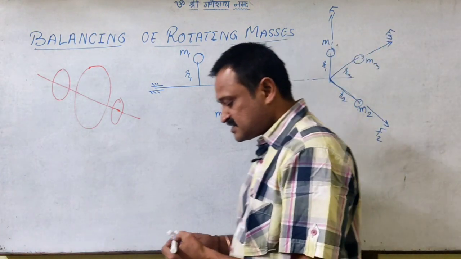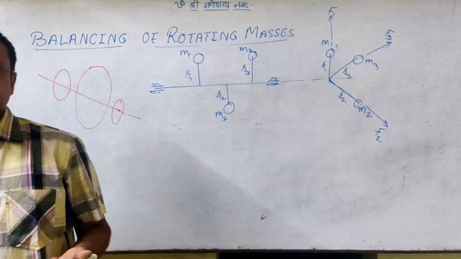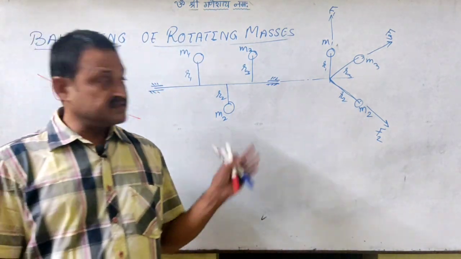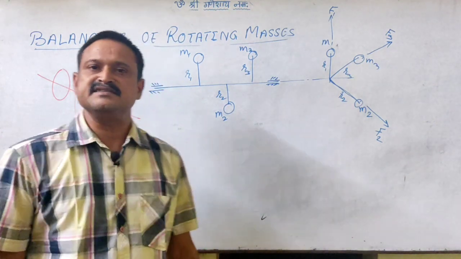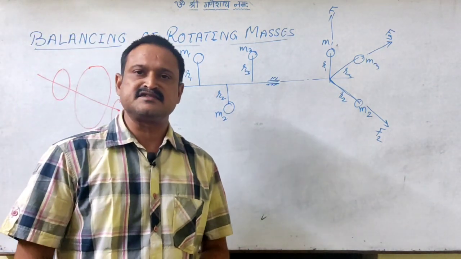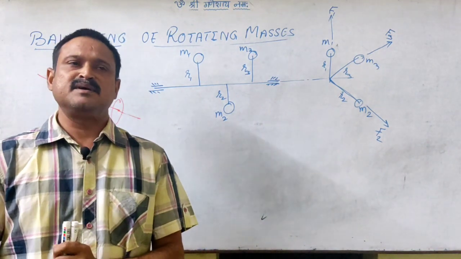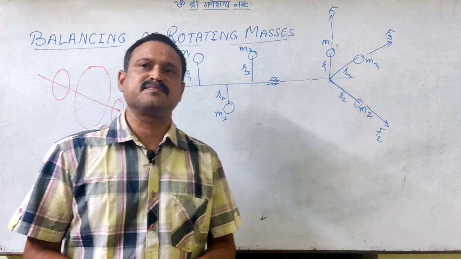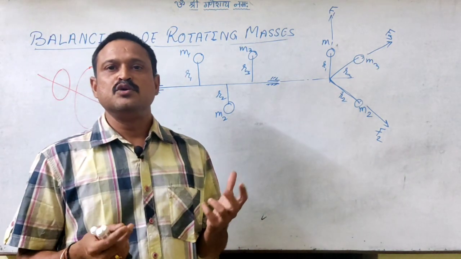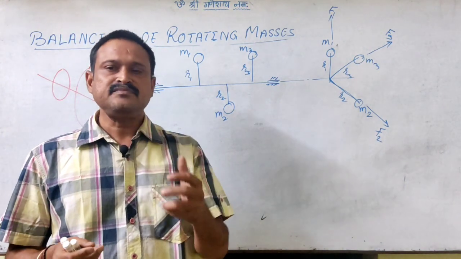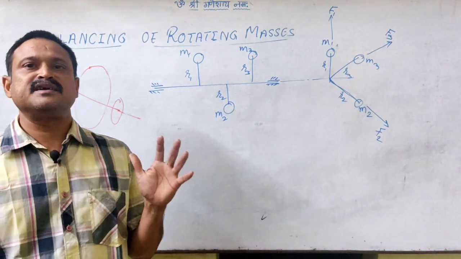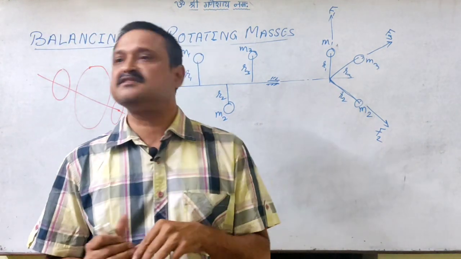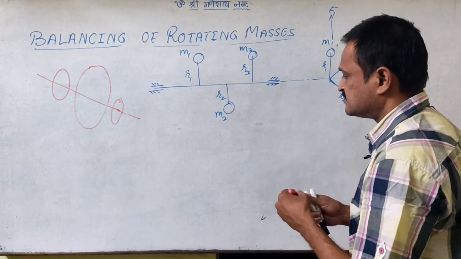So in that case, how can I balance this system? As we have seen in the earlier case, it is not necessary that we balance the entire system with a single mass; we can use a number of masses as well. At maximum we usually consider two masses, or two different reference planes of rotation, on which we can place the balancing masses and balance the entire system.